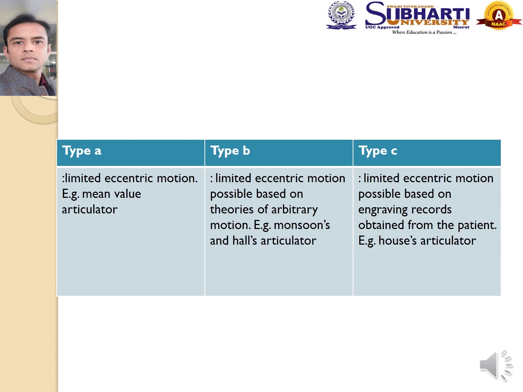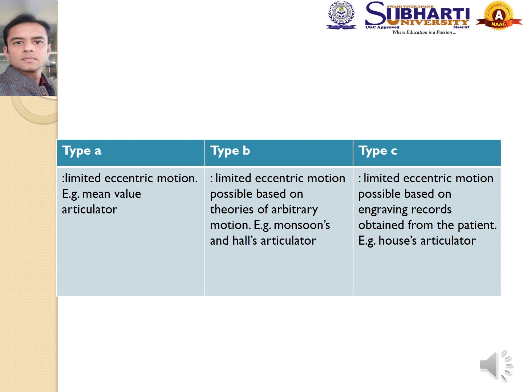Examples are mean value articulator. We will go into detail in the later half of this lecture. Type 2B has limited eccentric motion, possibly based on theories of arbitrary motion.